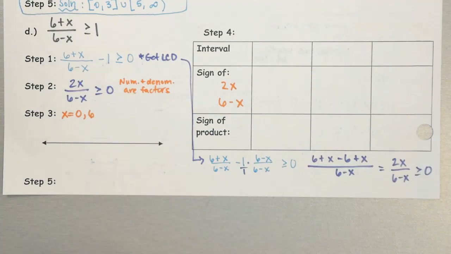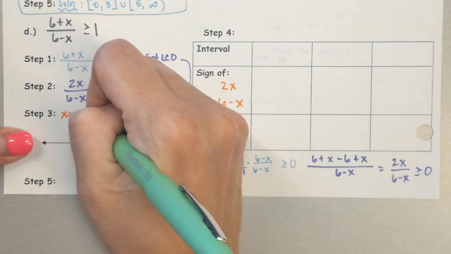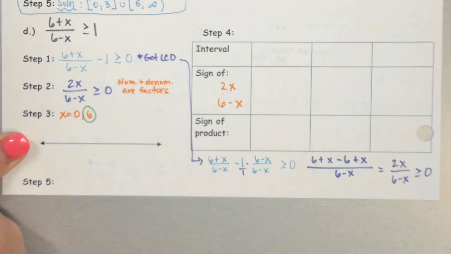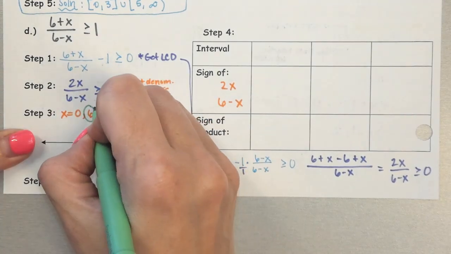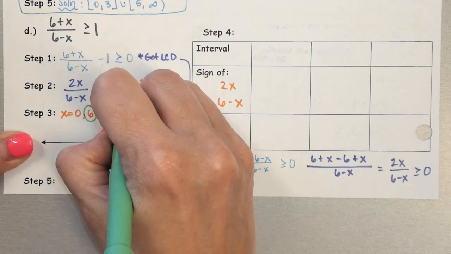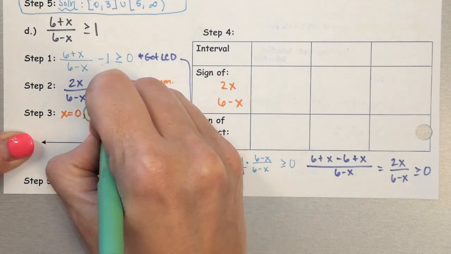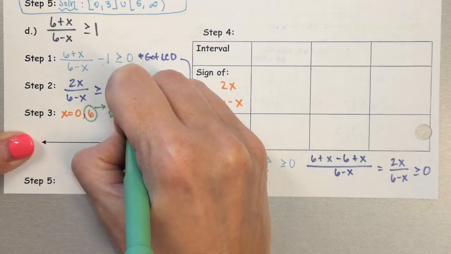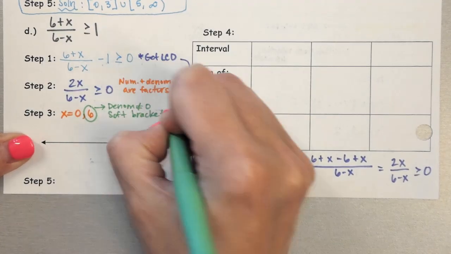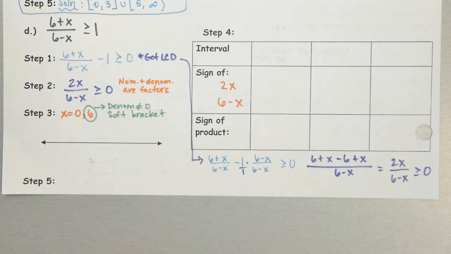Now, because we have a fraction, we have to remember that fractions have special rules. You can't have the denominator of a fraction equal 0. So because the denominator can't equal 0, we have to make sure that this has a soft bracket, and it's only the 6. It doesn't matter if the numerator is 0.